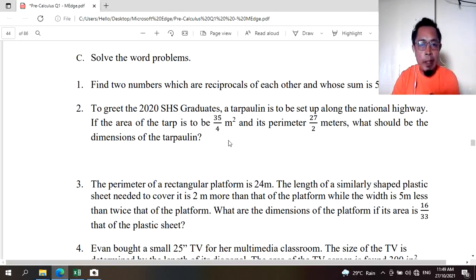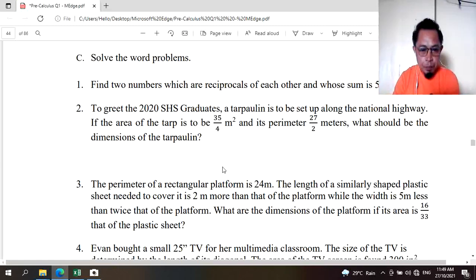So we have here, to greet the 2020 senior high graduates, a tarpaulin is to be set up along the national highway, wherein the area of the tarpaulin is 35 over 4 square meter and its perimeter is 27 over 2 meters. What should be the dimension of the tarpaulin? What do you think?